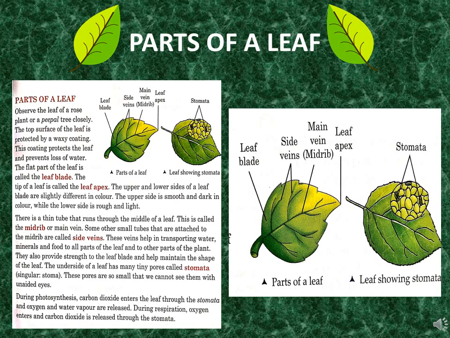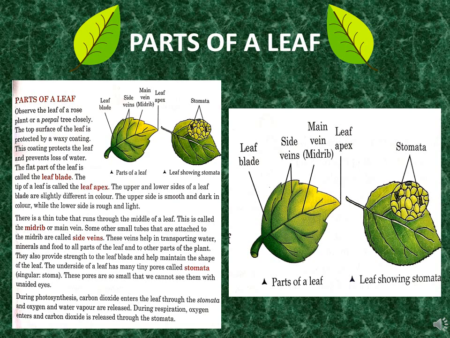There is a thin tube that runs through the middle of a leaf. This is called the midrib. Can you see the picture? The midrib or main vein, the main rib that is going through the leaf, is called the midrib. Some other small tubes that are attached to the midrib are called side veins.